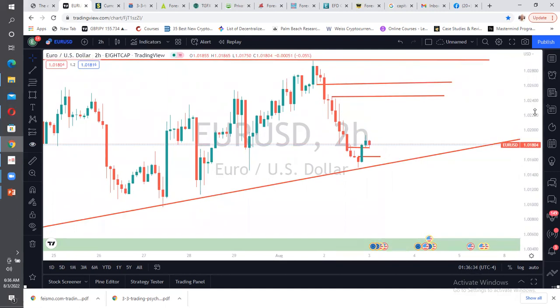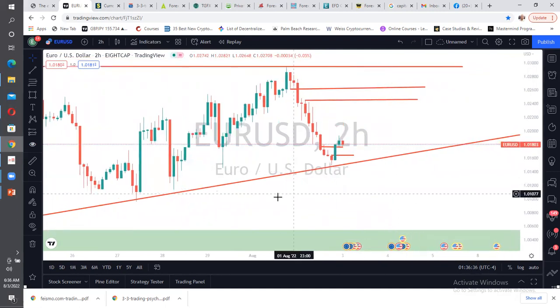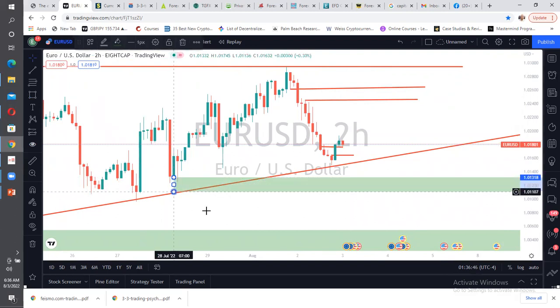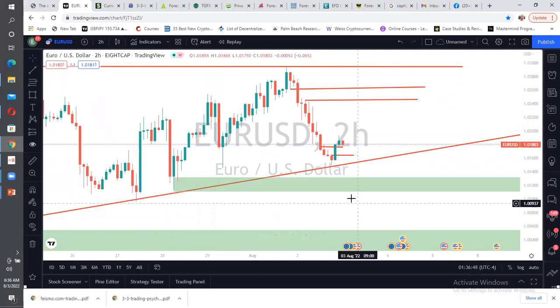So I would like to see a little manipulation here. I would like to see manipulation to this level before the up move. Why? Because I have liquidity resting here.